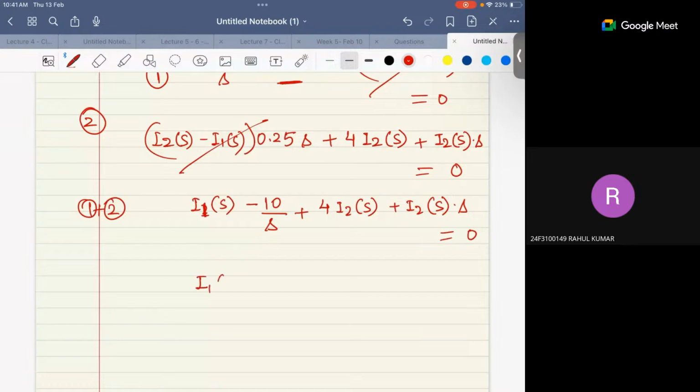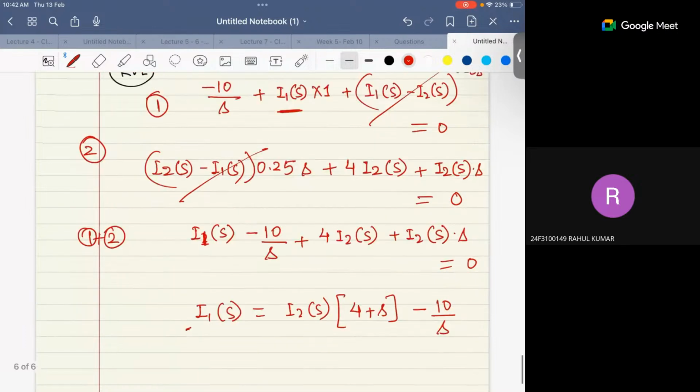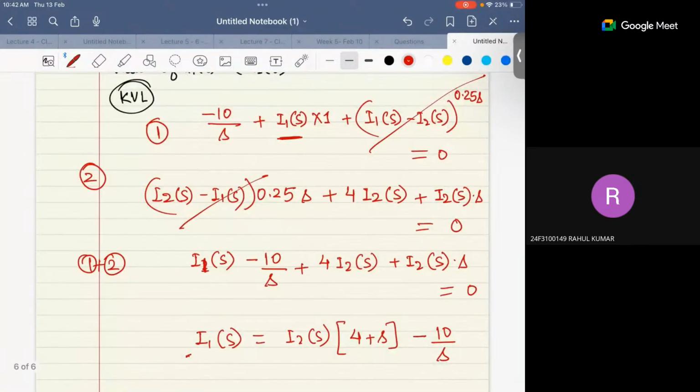So I1 you can just write as 10 upon S. This I1 we have to put in one of the equations. This is going to be crazy, I guess.